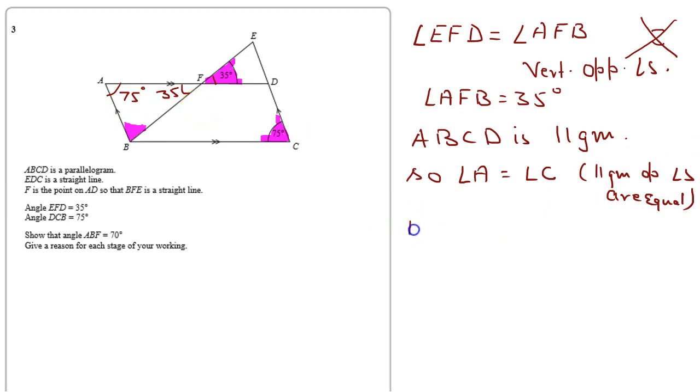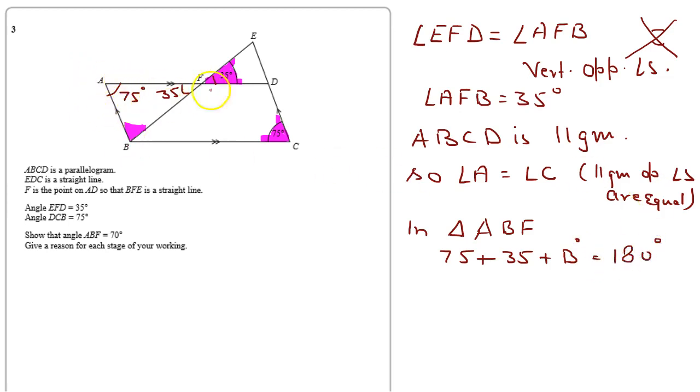So in triangle ABF, 75 plus 35 plus B is equal to 180 degrees.